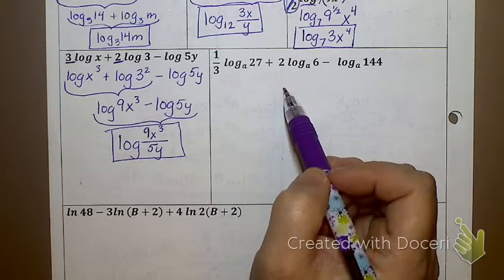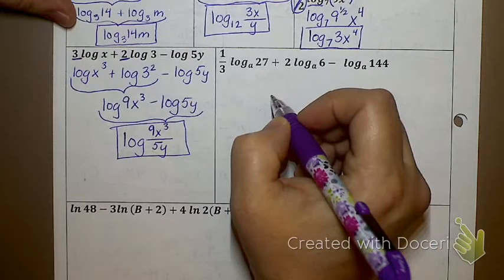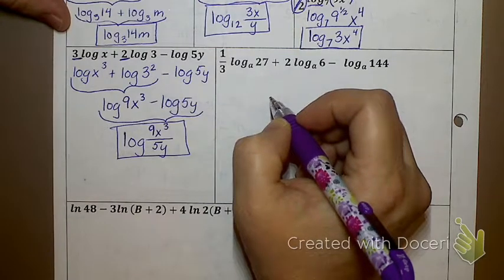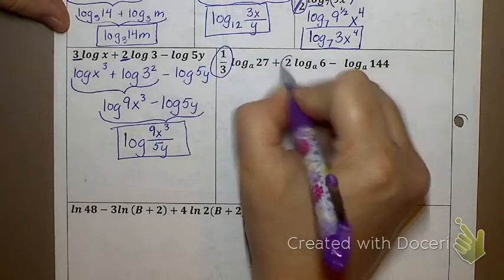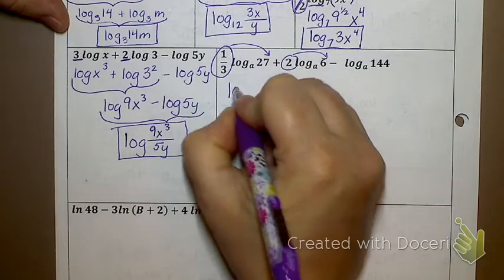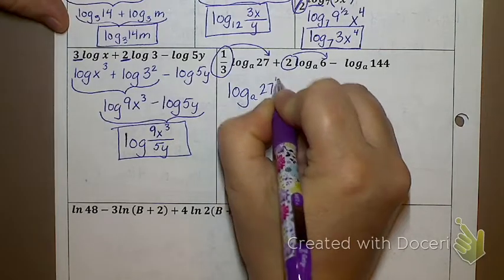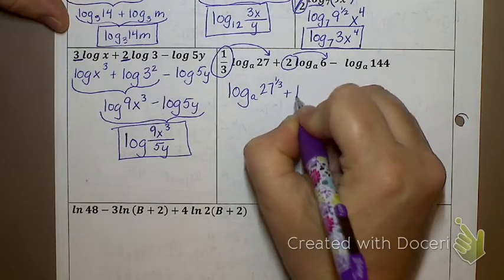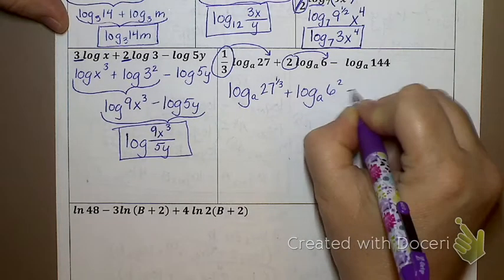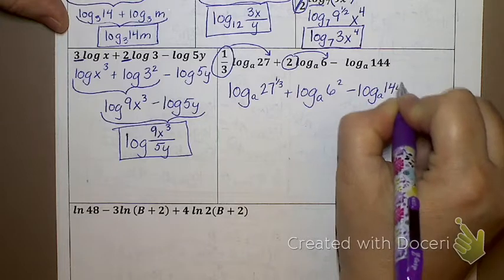Okay, condensing all numbers ends up usually fairly clean. So let's see what we've got. Do I have any exponents? Which ones are my exponents? 1/3 and 2. We got to bump those back. So log base A of 27 to the 1/3 power plus log base A of 6 squared minus log base A of 144.